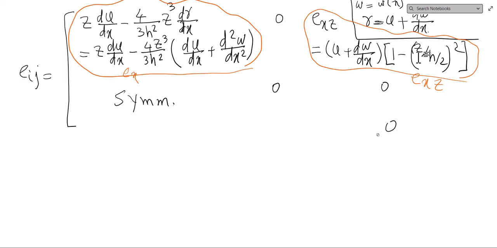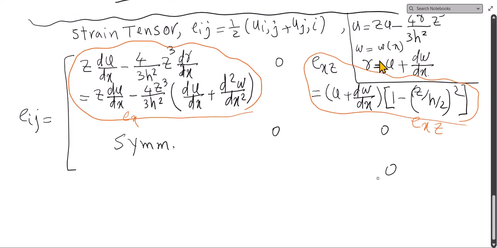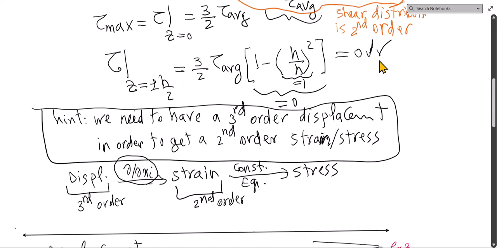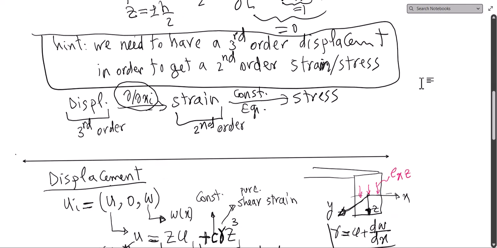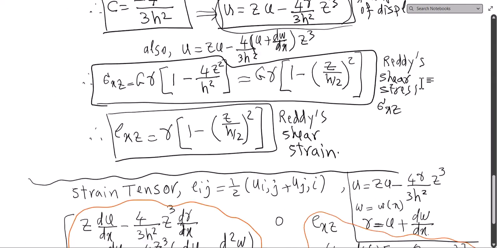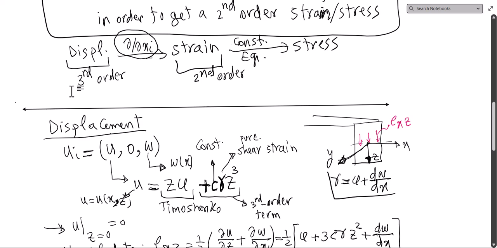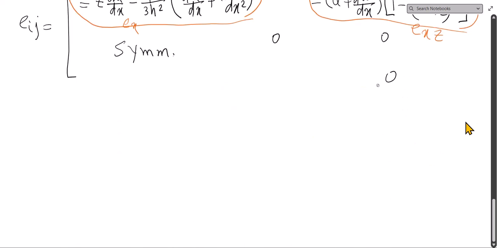Not only varies, but it varies according to a second order polynomial, as we see here. And that is exactly what we want. So Reddy's model or beam theory, sometimes referred to as third order shear deformation theory, because the third order comes from the initial assumption for the displacement.